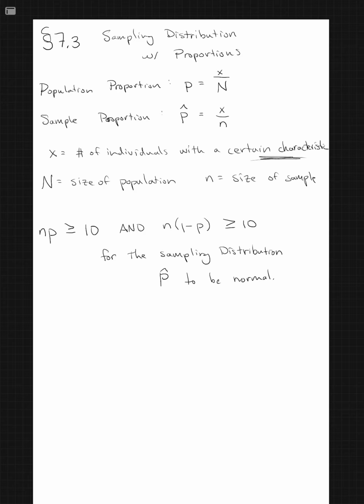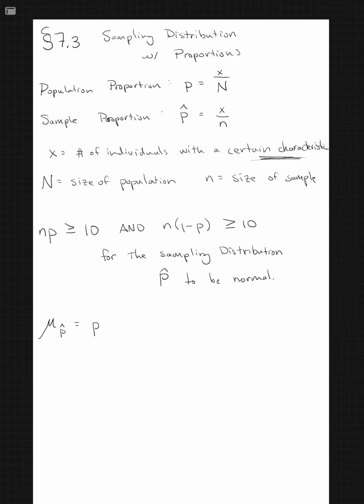But if it's going to be normal, we need to know about its mean and its standard deviation. So the mean of p hat is just going to be the population parameter again. That's actually just like we had last time. We said that mu of x bar was just mu.